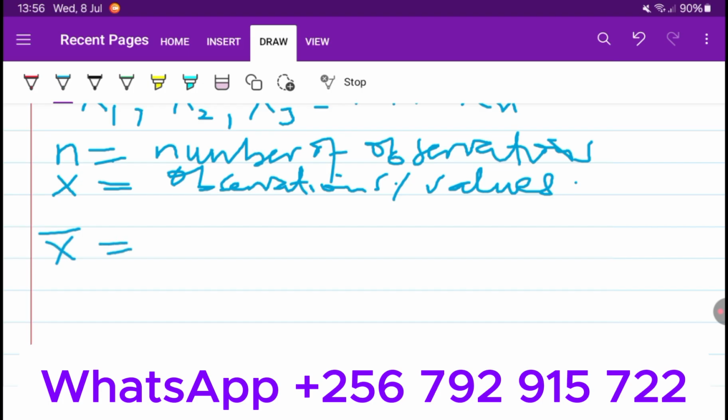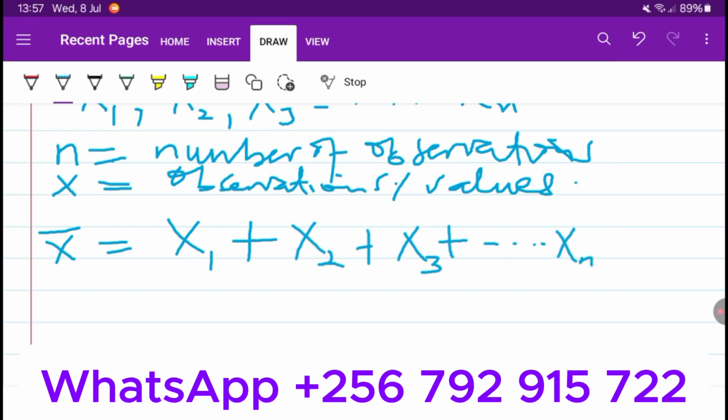Sometimes we give different symbols based on whether someone is looking at a population or a sample. So we get the individual observations, which is x1 plus x2 plus x3, then plus up to xn. Then we divide by the number of observations, that is n, the total number of observations.